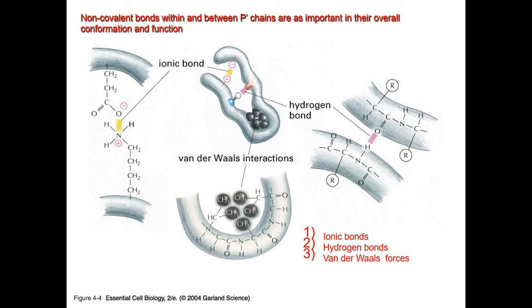Okay, so the ionic bond, for example, is from the side chains of amino acids. So you have, for example, the acidic amino acids with carboxyl, right, you have this negatively charged, and for basic, you have positively charged. So they could actually form ionic bonds. Okay?